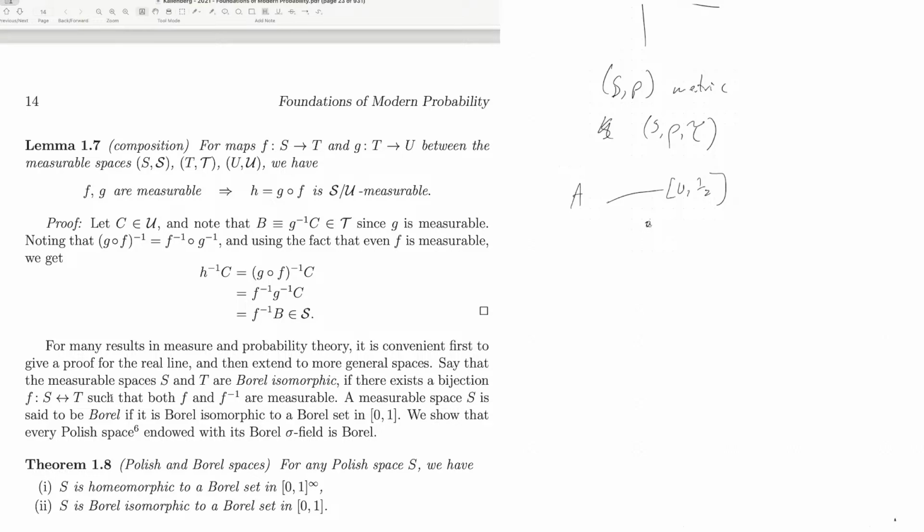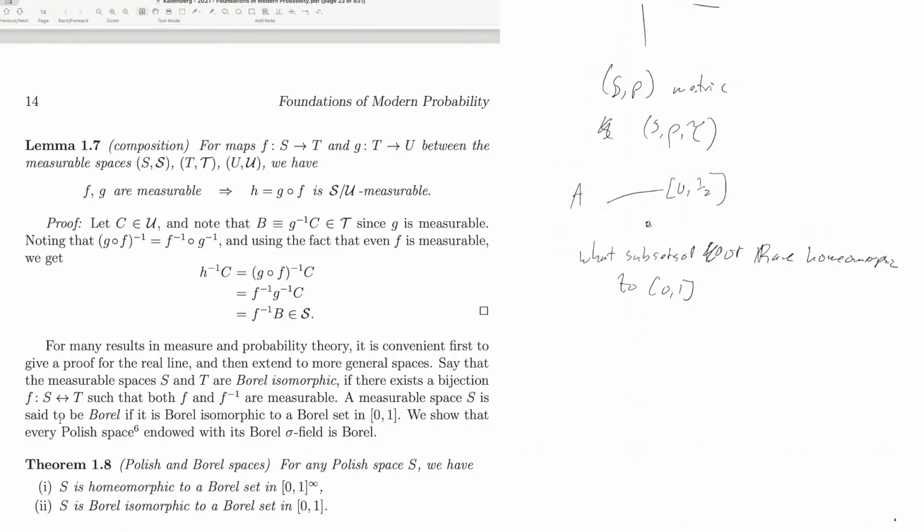What subsets of R are homeomorphic to 0, 1? Probably just something like all the open balls or something.